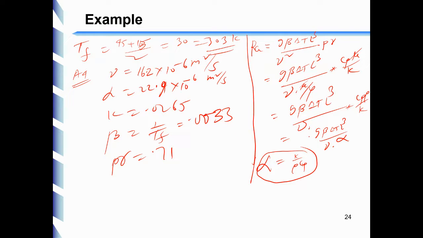So in the solution you can see sometimes they wrote g beta delta T L cube by gamma alpha. It is the same equation, just rearranged. If you do not want to rearrange, that is also okay, but do not get confused here.